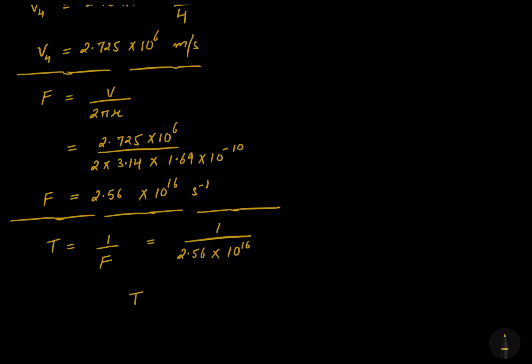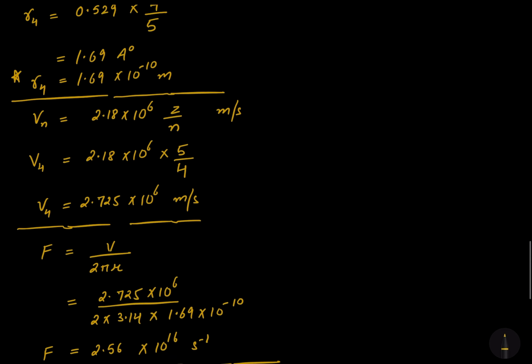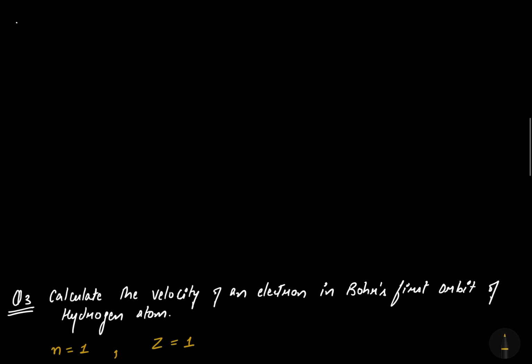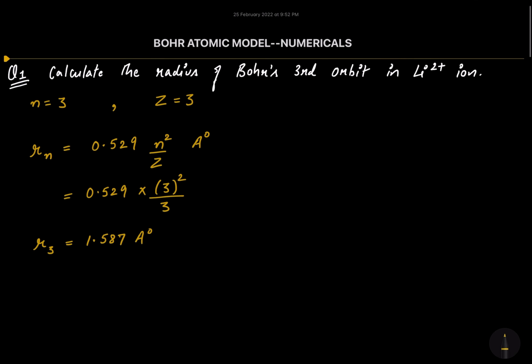So the time period of revolution comes out to be 0.4 into 10 to the power minus 16 seconds, for one revolution of electron around the nucleus. So that's all for today. These were the numericals based on the Bohr atomic model.